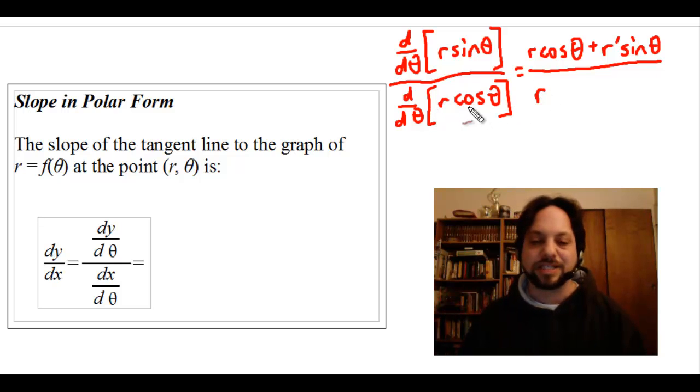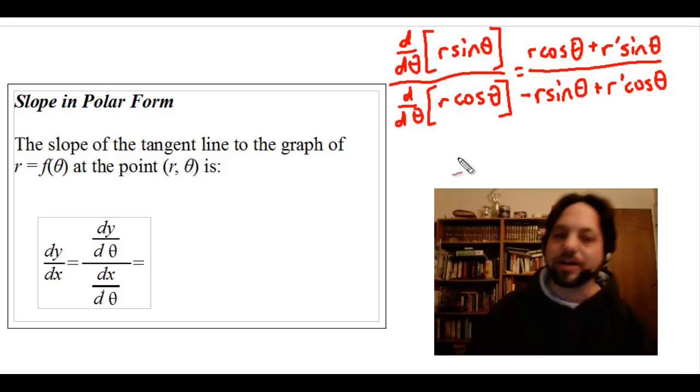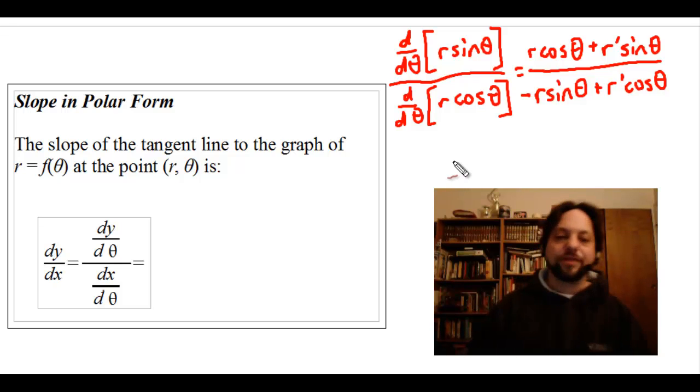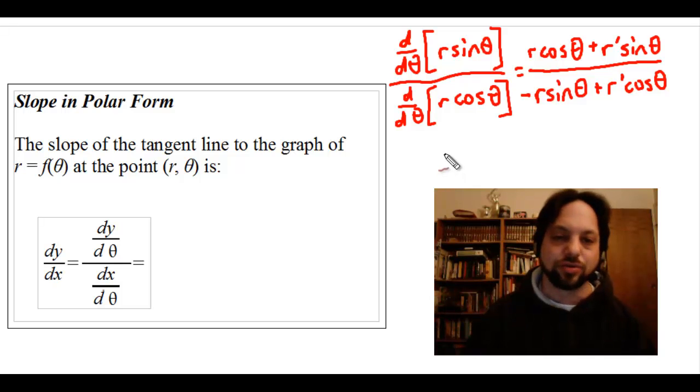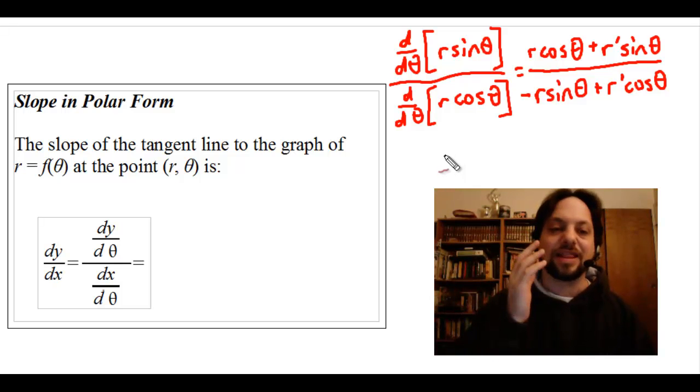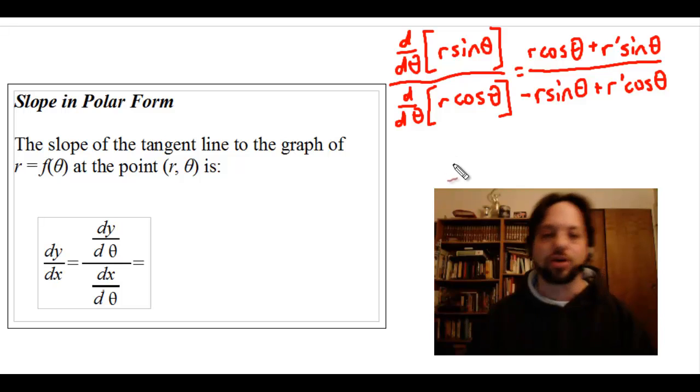But if I keep this constant, the derivative of cosine is negative sine, and then I'll do r prime with the cosine. So there is your formula for the derivative of a polar graph. And if we run our r's and thetas through this, we'll actually get a derivative in the xy rectangular coordinate system.